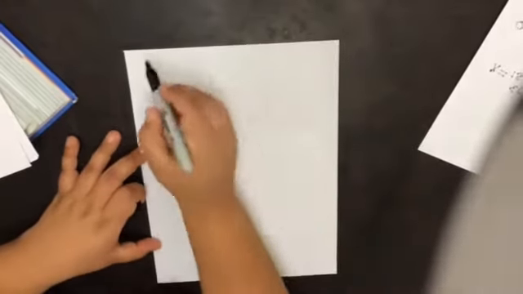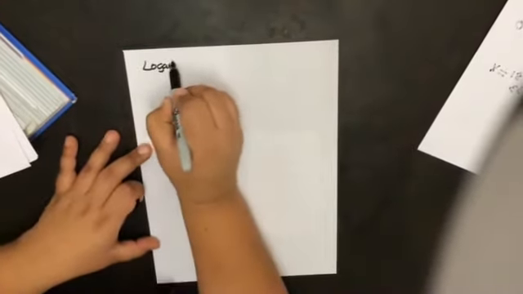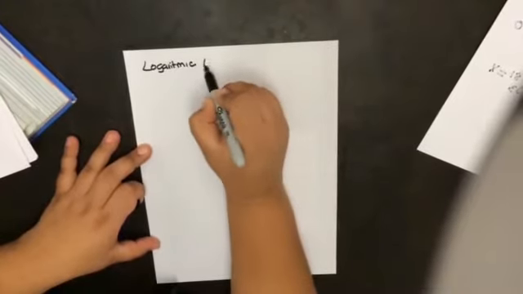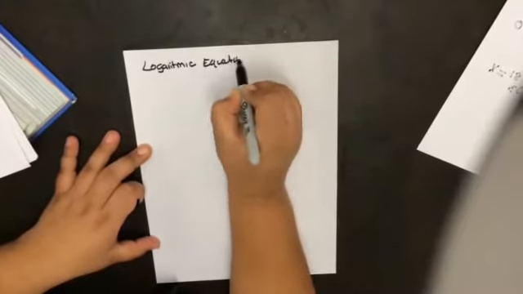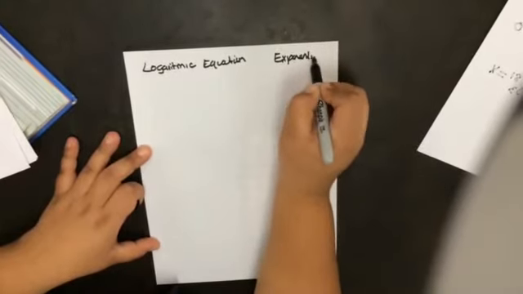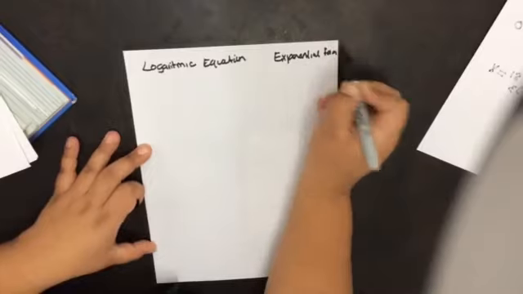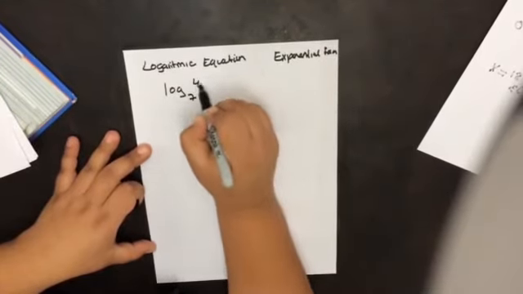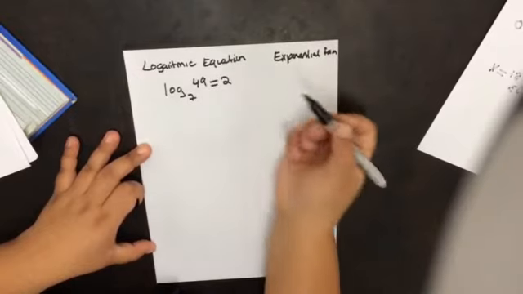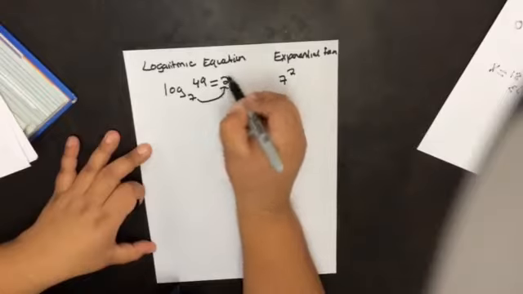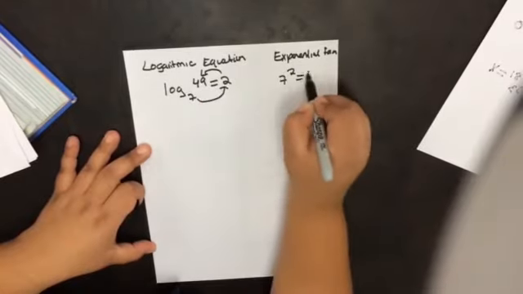Now what if we're turning a logarithm equation into exponential form? Well, if we have log base 7 of 49 equals 2, then it's going to be 7 squared equals 49.